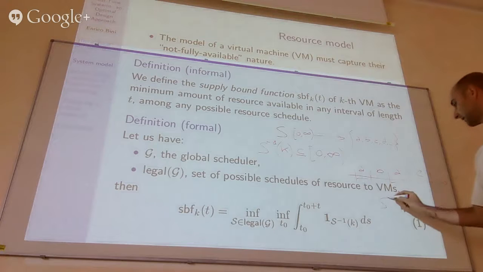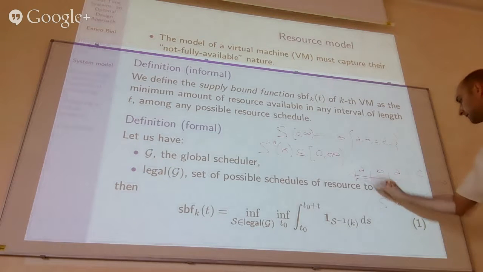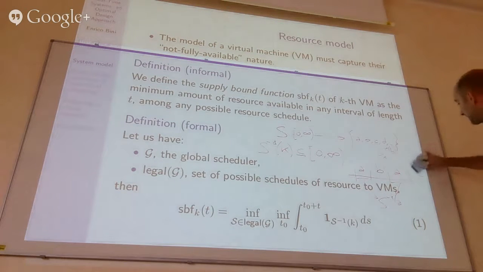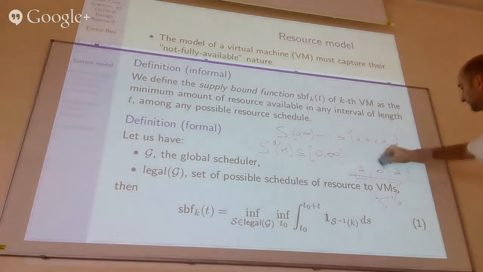Then S minus 1 of B is this, and S minus 1 of C is this.